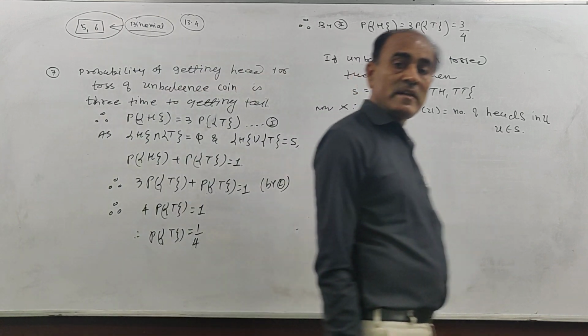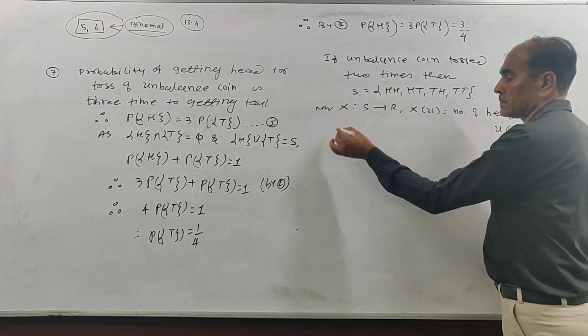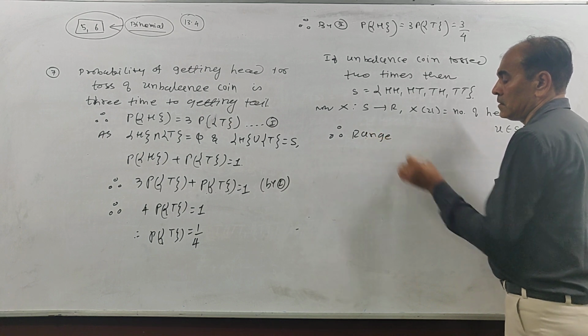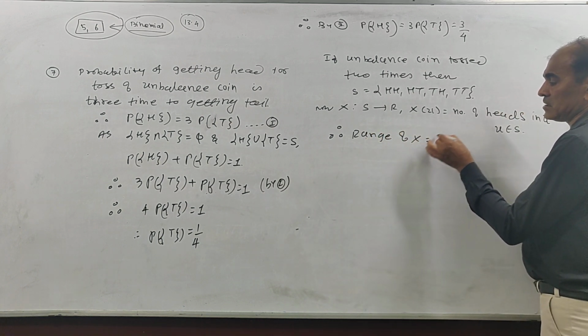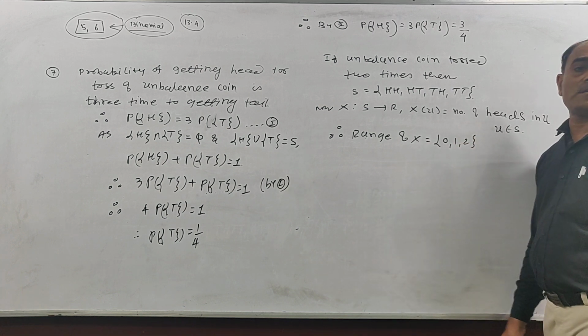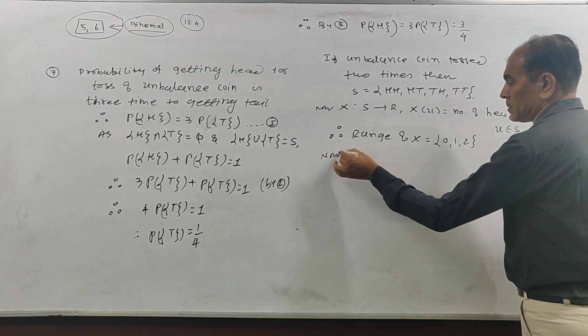So what is the range set? It is tossed 2 times, so at most 2 heads are there. Therefore the range of X is 0, 1, 2. Now we need to find the probabilities.